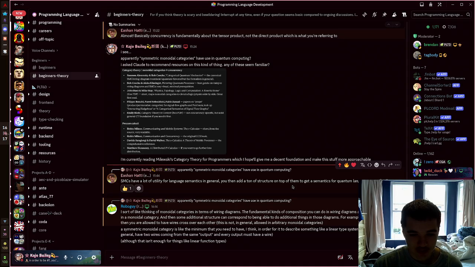Because symmetry exists in maths, you would expect there to be some kind of way to represent concurrency. A symmetric monoidal category is the minimum that you need to have, in order to describe something like a linear type system, since you cannot, in general, have two wires coming from the same output, and every output must have a wire.